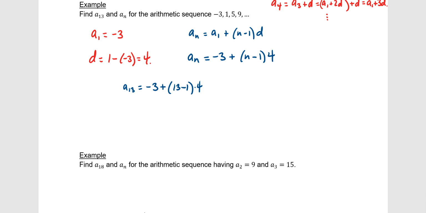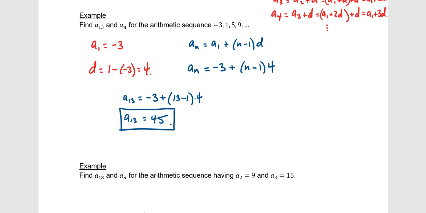And we end up getting a sub 13 equals, I'm assuming that we can all just do this pretty quickly, 12 times 4 is 48, minus 3, 45. So the 13th term is going to be 45. So it's definitely a lot easier than just continuously adding 4 until we get to the 13th term.